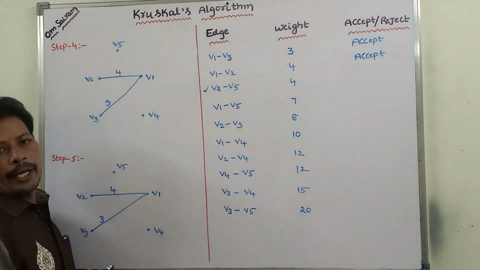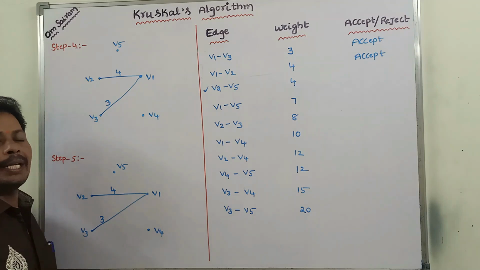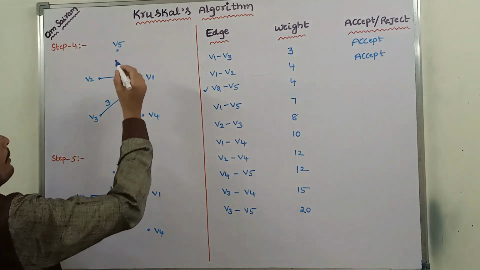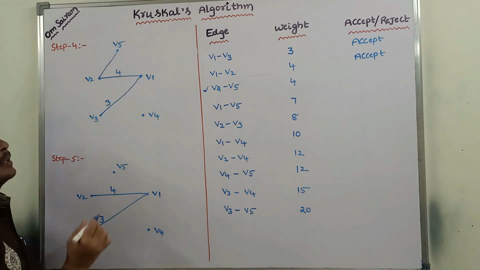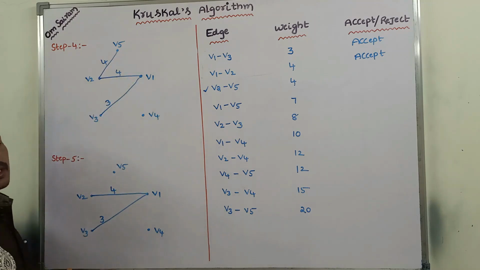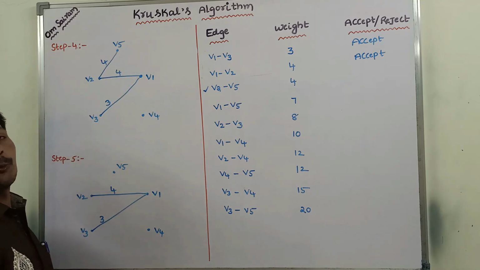V2 to V5, the next minimum weight edge, its weight is 4. After adding this edge, is any cycle formed? There is no cycle formed after adding this edge V2 to V5.